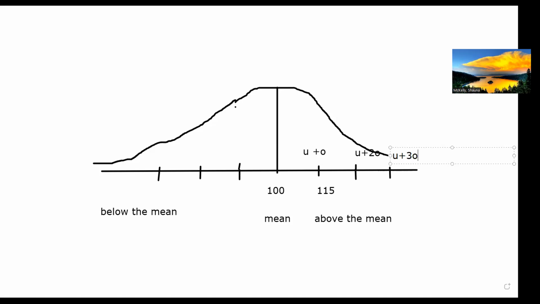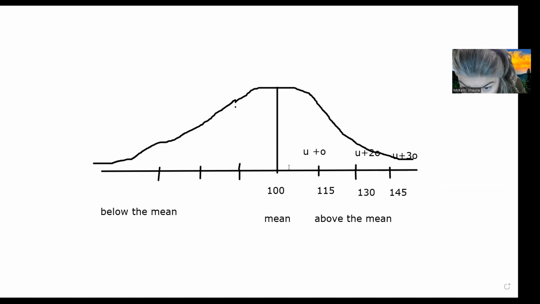So this is your 3 sigma. Now, this is going to be 15 more than the previous one. This is 130. And again, the last one is 15 more than the previous. So this is 145.